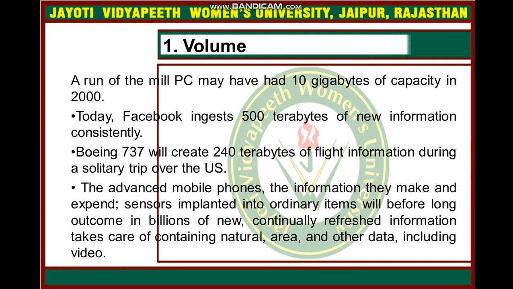The smart cell phones, the information they generate and expand, sensors embedded into ordinary items, can take care of containing human, fields and other data including videos in billions of new continually refreshed information.